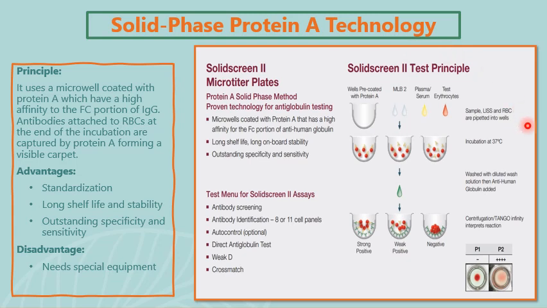For the procedure, 50 µL plasma or serum and reagent is added in the microwell with a 1% reagent red cells if you do antibody screen or identification, a microwell with patient or donor cells for autocontrol, and a microwell with donor red cells for cross-matching.